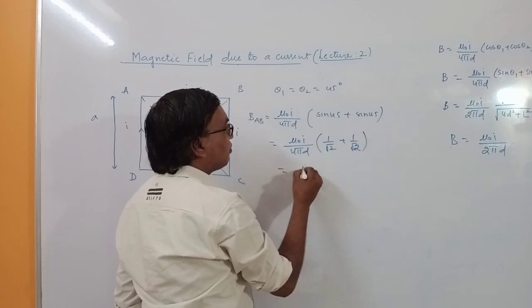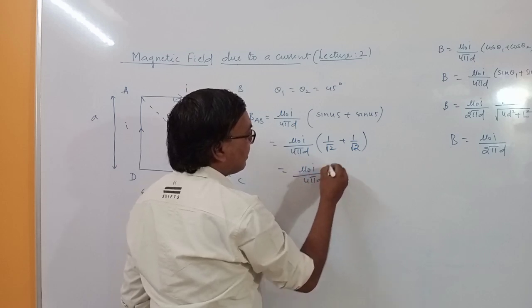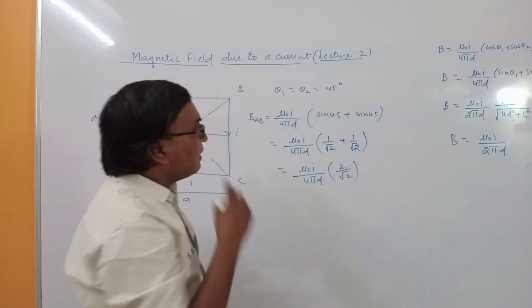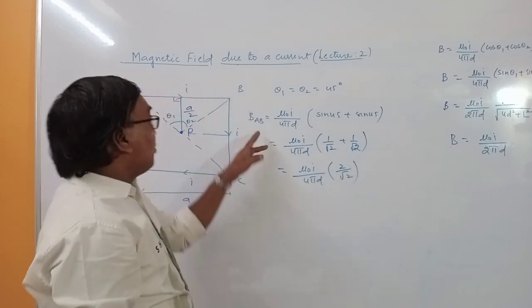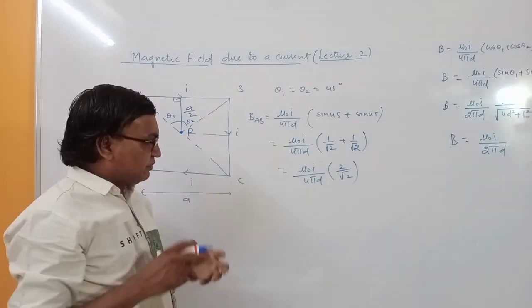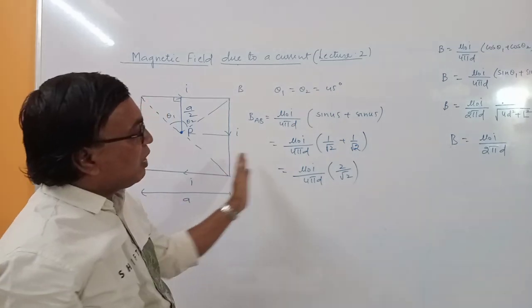So that will be equal to mu naught I by 4 pi d into 2 upon root 2. Okay. So now this is due to one wire. We have 4 wires and same magnitude of magnetic field and also in the same direction. So all are added.